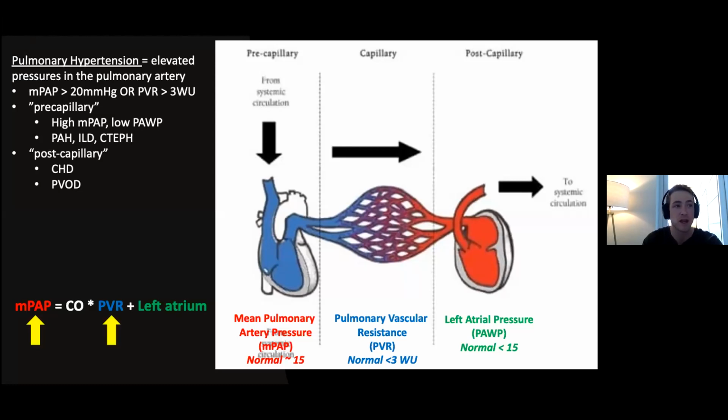For example, if we have elevated pulmonary artery pressures with a PVR of less than 3 Woods units, which would be normal, we know that the extra pressure on the pulmonary artery is probably being driven by the left heart failure. Or if we have an elevated pulmonary artery pressure and our left atrial pressure is 12, which would be normal, we know that the vascular resistance must be high.